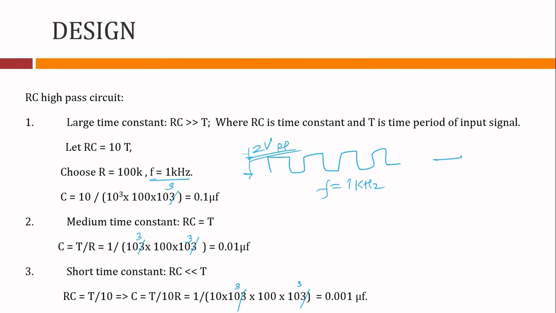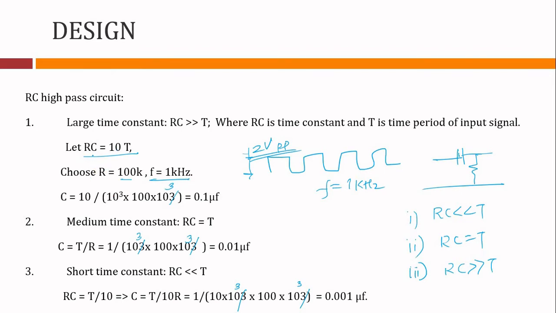So for the high pass, we have a capacitor and the output is taken across the resistor. We have three cases: RC very much less than T, RC equals T, RC very much greater than T. For the first case, let us take RC equals 10 times T. Isolate, R equals 100k, F equals 1k.